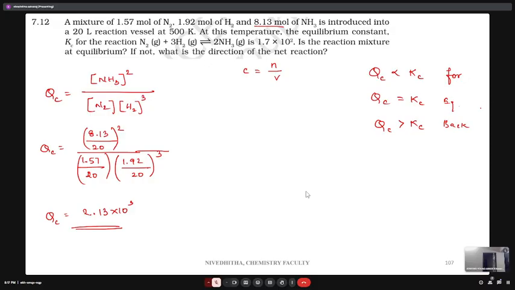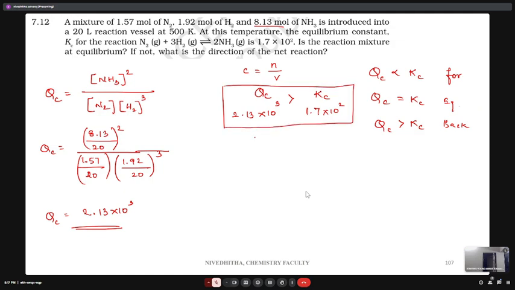So what is the direction of the reaction now? Yes, it is backward because here 2.13 into 10 power 3 is the value of QC and KC is given as 1.7 into 10 power 2. So here QC is greater than KC, so the reaction is occurring in backward direction.